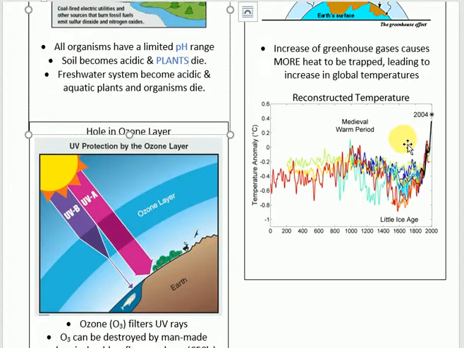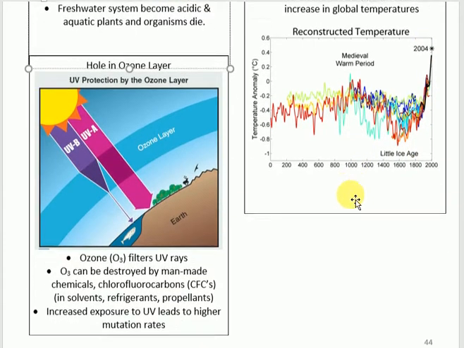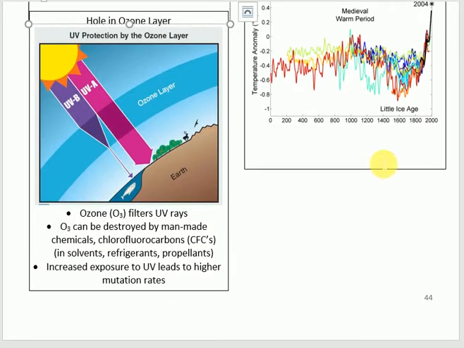And this is actually a chart of reconstructed temperatures over time. And you can see the huge increase that they have predicted compared to previous. Then we have the hole in the ozone layer.